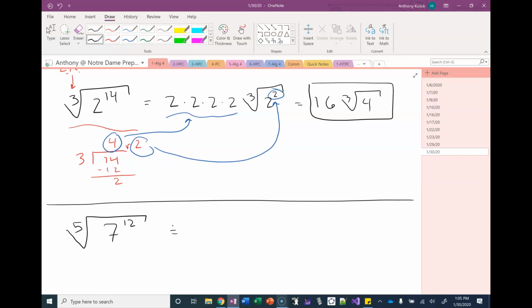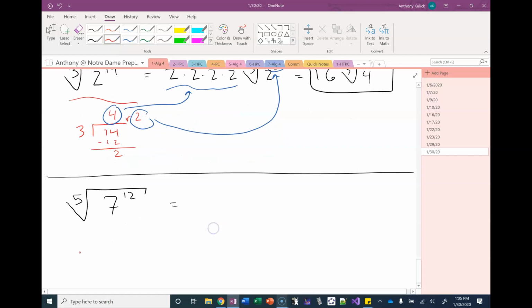Okay. How many 7s can we take out? Everybody agree with 2? Because 12 divided by 5 is 2. And what's the remainder? 2. So this would be 7 squared times the 5th root of 7 squared.